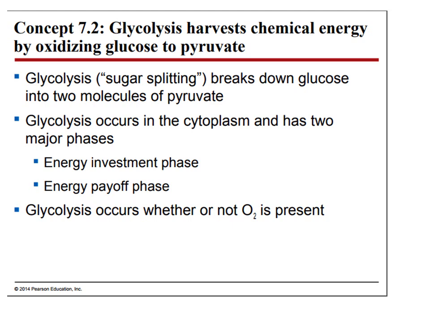And the second phase is the energy payoff phase, in which substrate level phosphorylation makes ATPs and basically repays the investment that it made in the first place. So, glycolysis is a fundamental core process, and it's shared by most cells, including human cells.